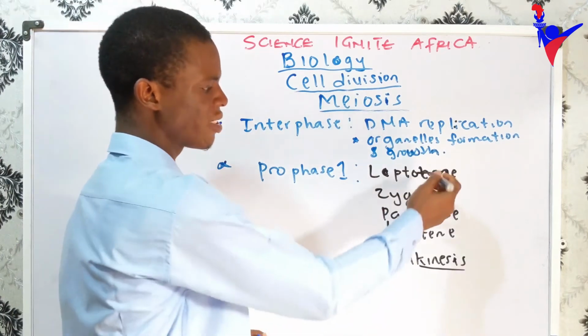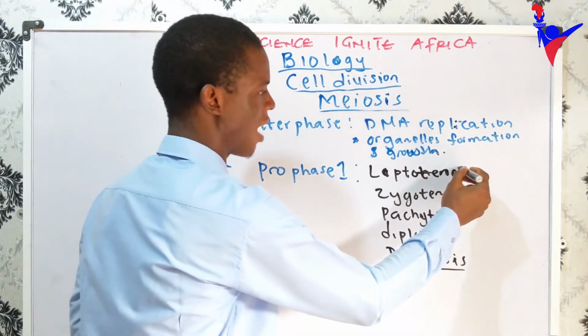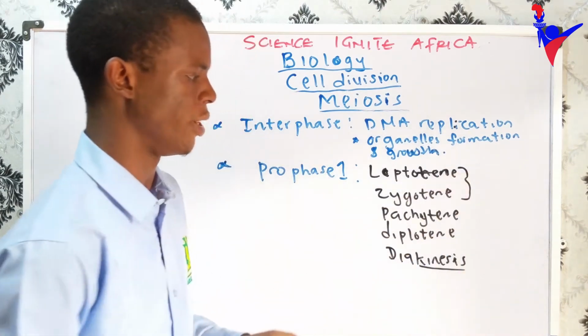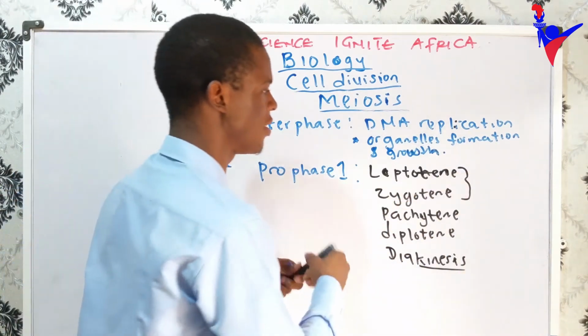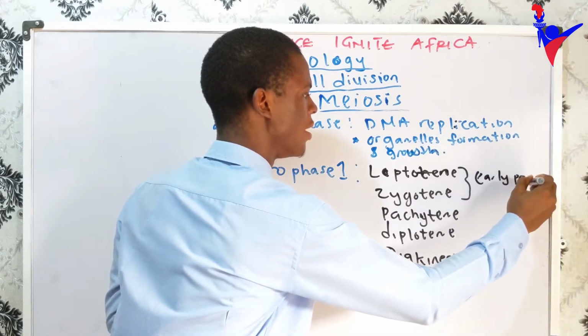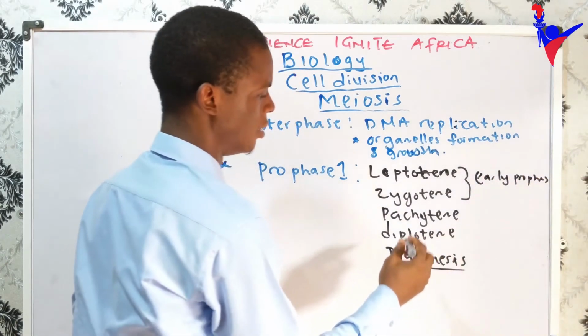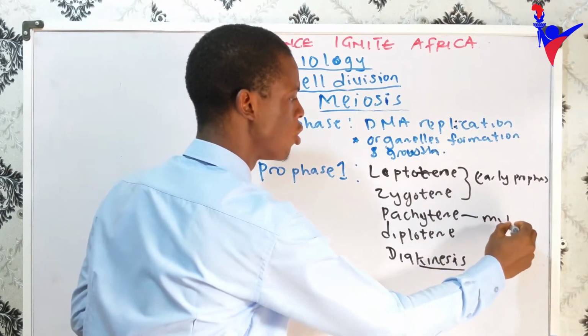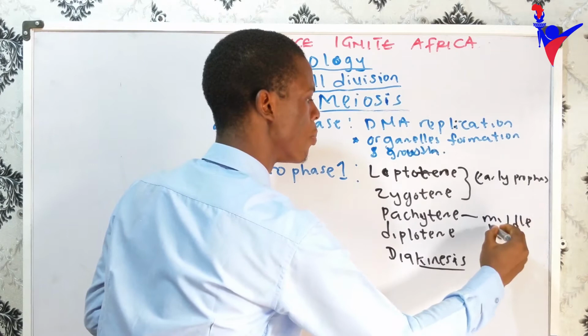So the leptotene and the zygotene characterize what we call the early prophase. You can call this the early prophase. And the pachytene, you can call it the middle prophase.